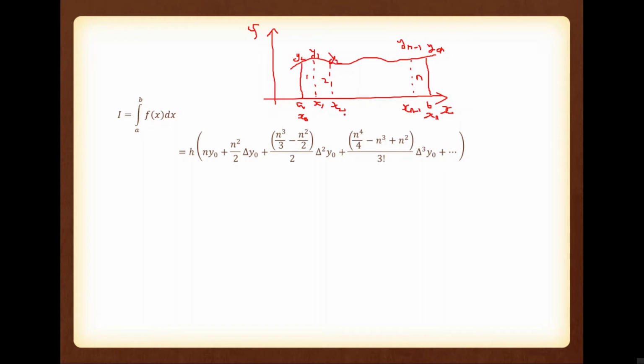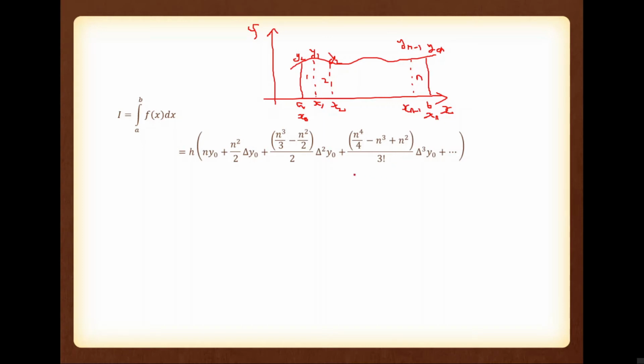Each point xi is equal to x0 plus i into h, where h is the difference between adjacent x values, and xn is equal to x0 plus nh. So by using all these details we derive this equation.